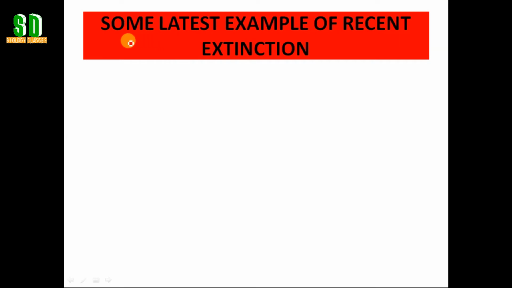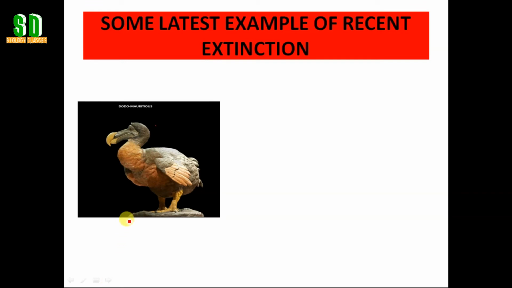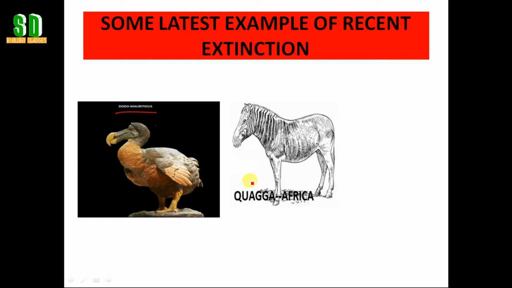So students, here we have some latest examples of recent extinction. Can you identify this picture? Yes, this picture is of the flightless bird dodo. It is an extinct flightless bird from Mauritius. Another example we can see is the quagga. What is the quagga? The quagga is a subspecies of plains zebra.